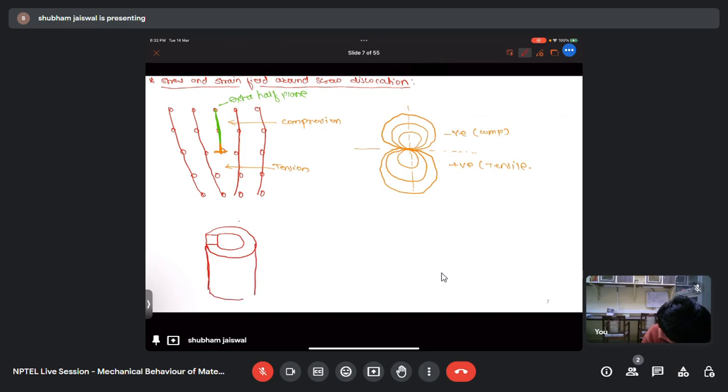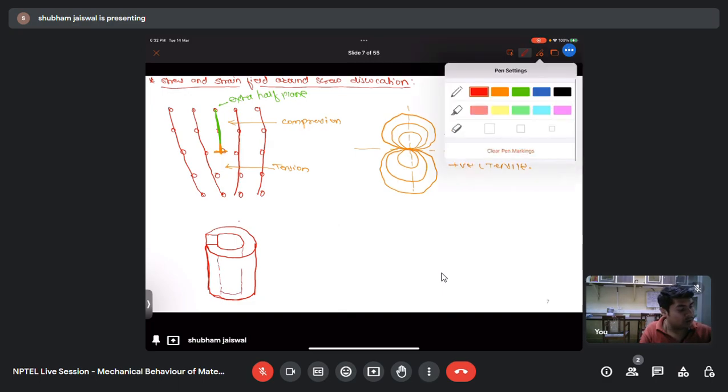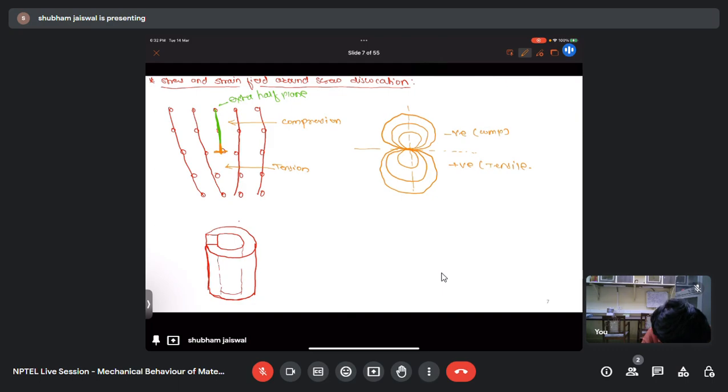Let's say this is the cylinder, and this displacement is b.